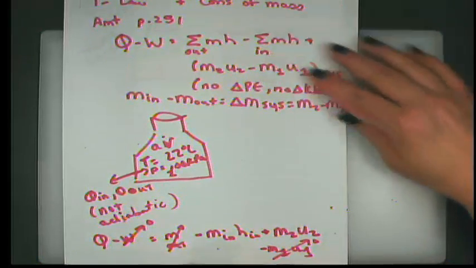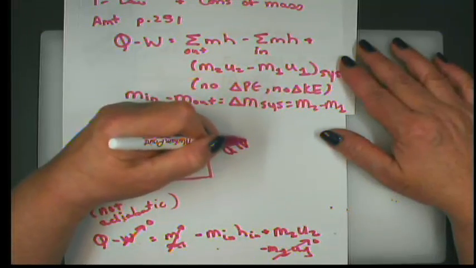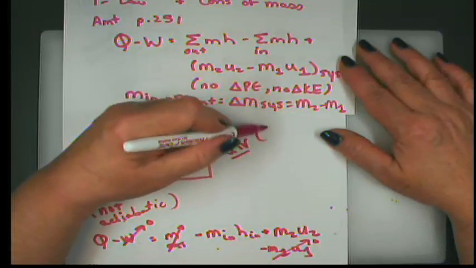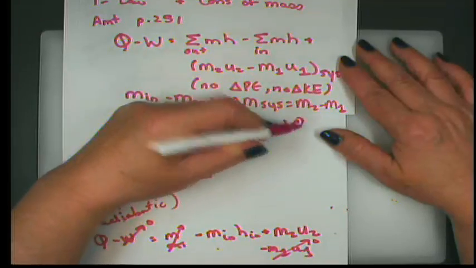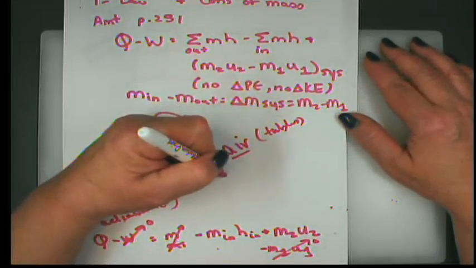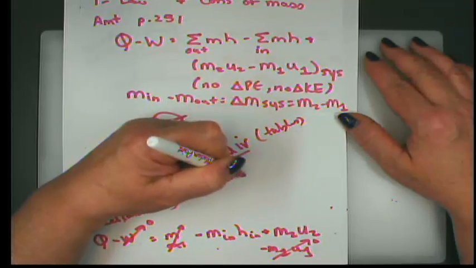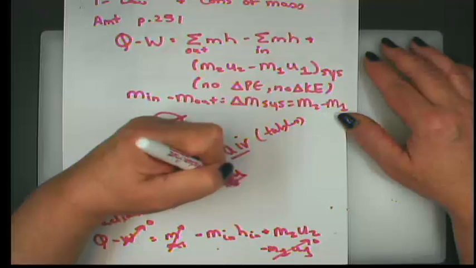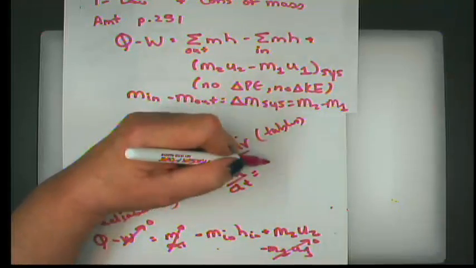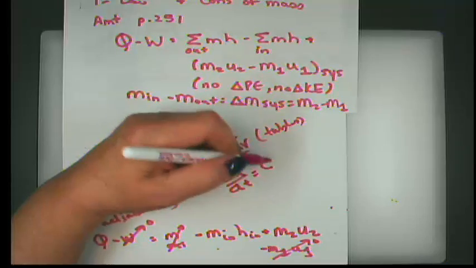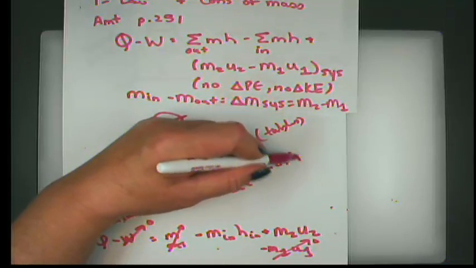The one thing you need to remember is that since this is air, we're not going to have tables. So you may want to use a relationship: dU/dT is equal to C sub P or C sub V. I can't remember which, but it's in your book.